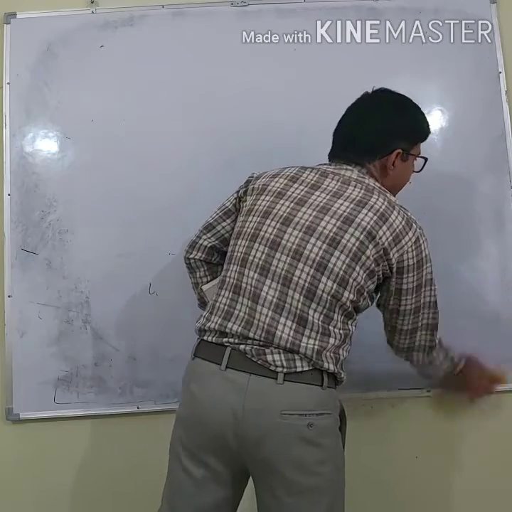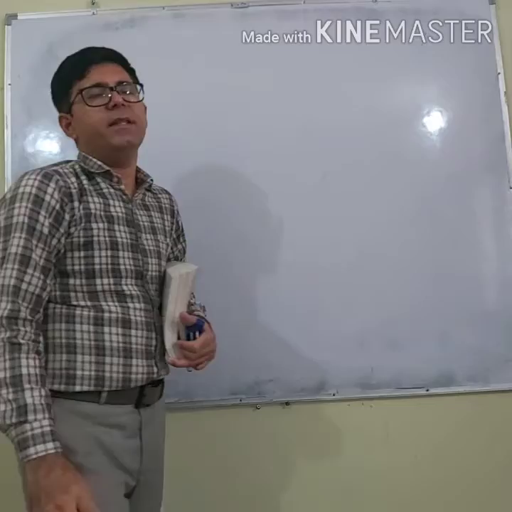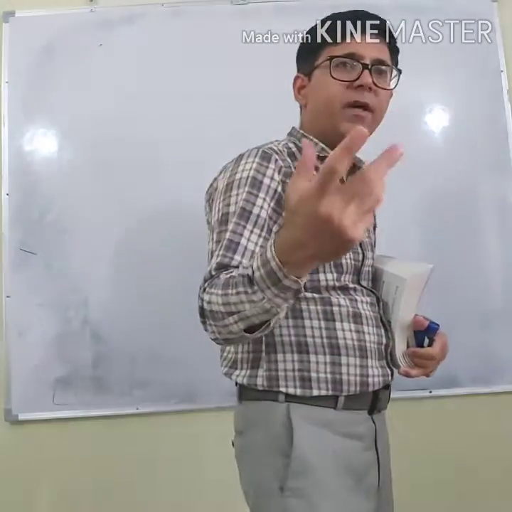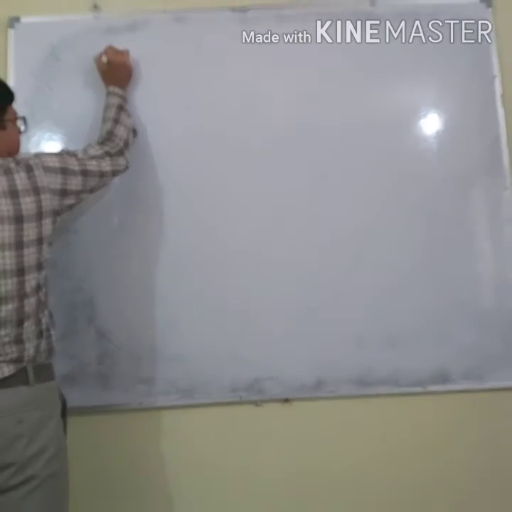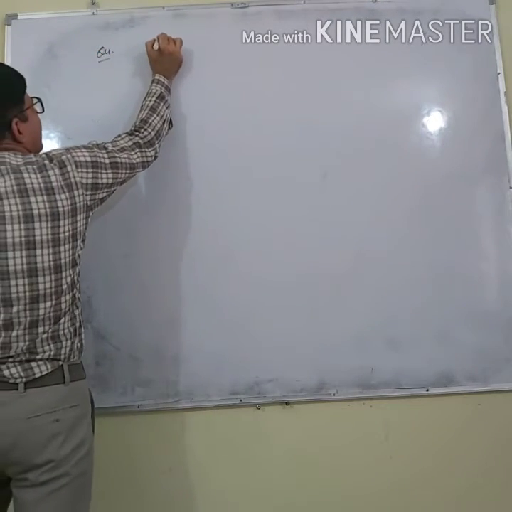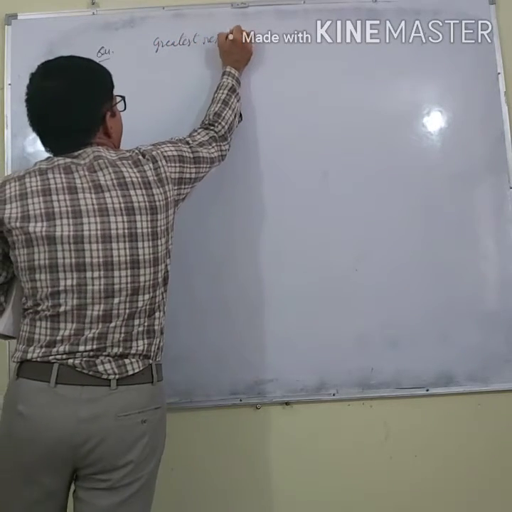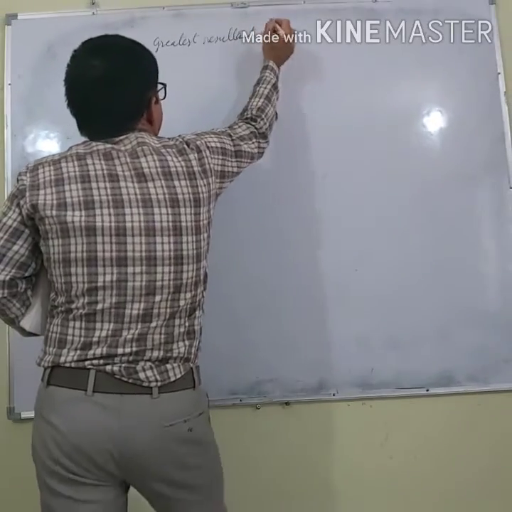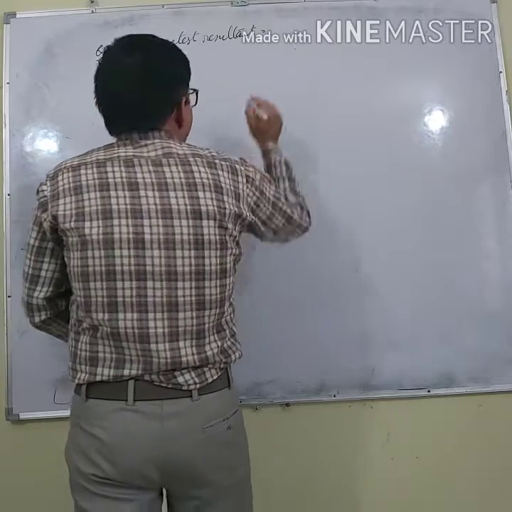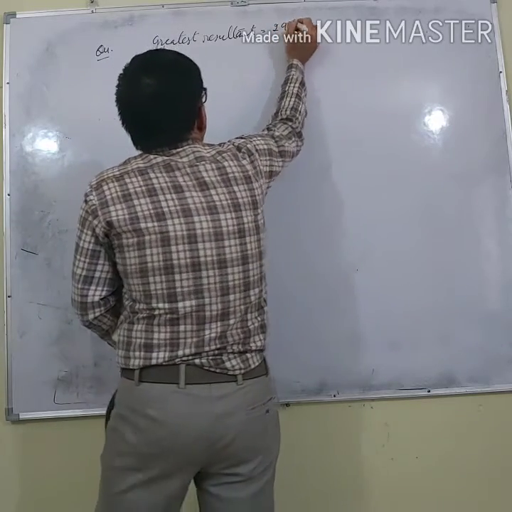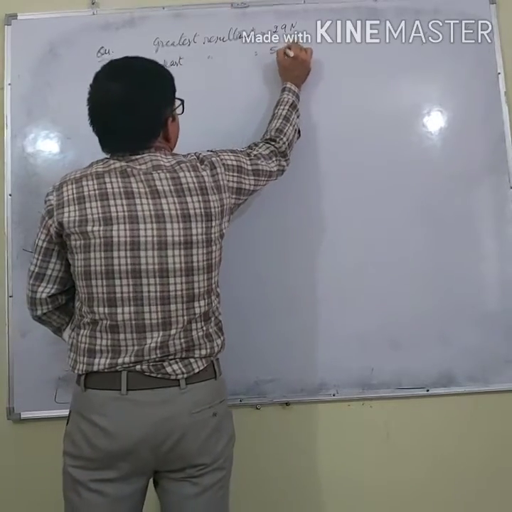The resultant is greatest if the forces are in the same direction, and least if the forces are in opposite direction. So the greatest possible resultant is given to be 29 Newton and the least resultant is 5 Newton.